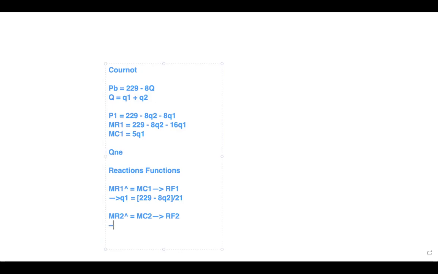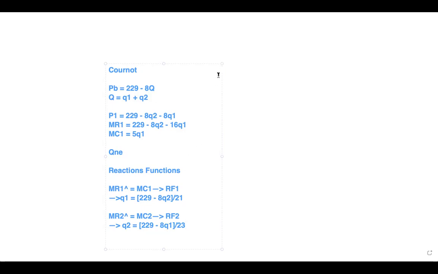And similarly, you did the same thing to get the reaction function for firm 2, and that would be 229 minus 8Q1, right? Divided by, what did you get? That was divided by 23. 23, okay. So I agree with you. Those are the reaction functions.